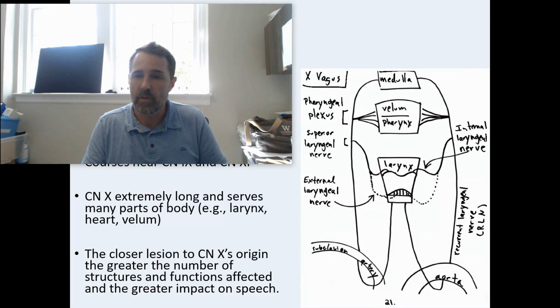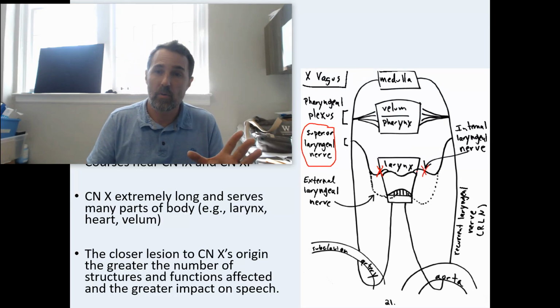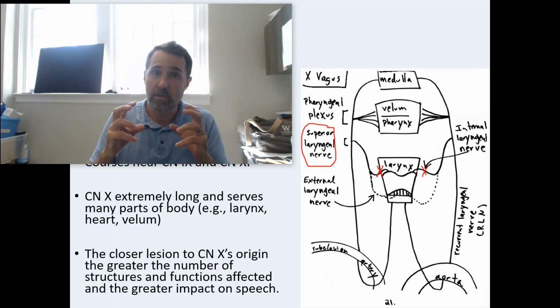Now let's move to, we've already talked about damage to the unilateral. Well, we've mentioned that damaging the SLN, unilateral or bilateral, creates reduced sensation in the larynx.